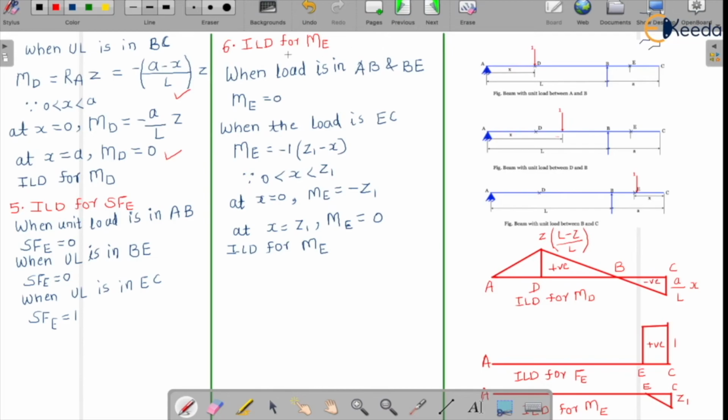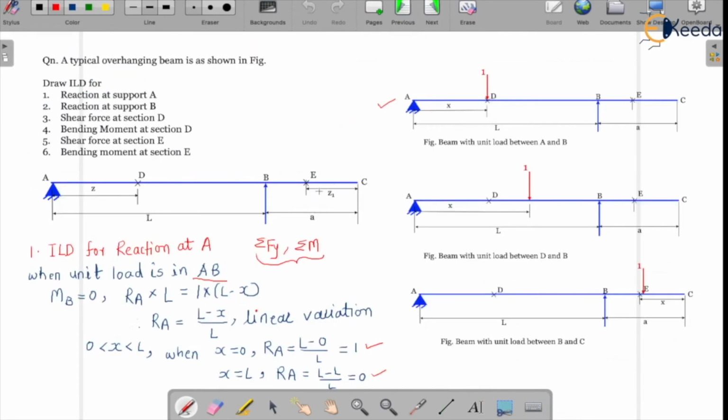Similarly for bending moment at point E. When the unit load is in the part AD and DB, there will not be any moment at E. But when the load is in the EC part, our moment will be minus 1 into (Z1 minus X). If you remember, EC is Z1.